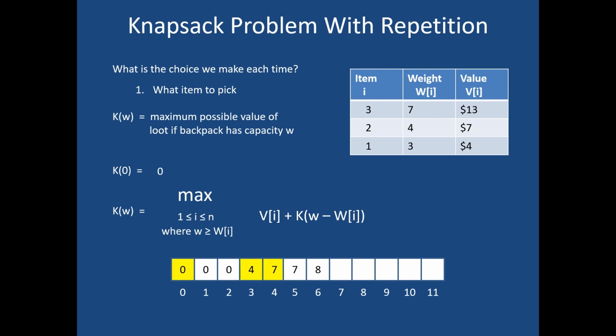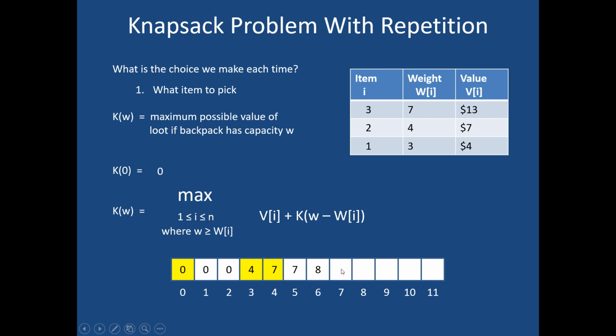Now when we finally hit 7, we've got 3 choices to make. Now we're making all our choices. So we take the max of 3 things, and what's it turn out to be? An item 1 would give you 8. An item 2 would give you 11. Oh, I did that wrong.